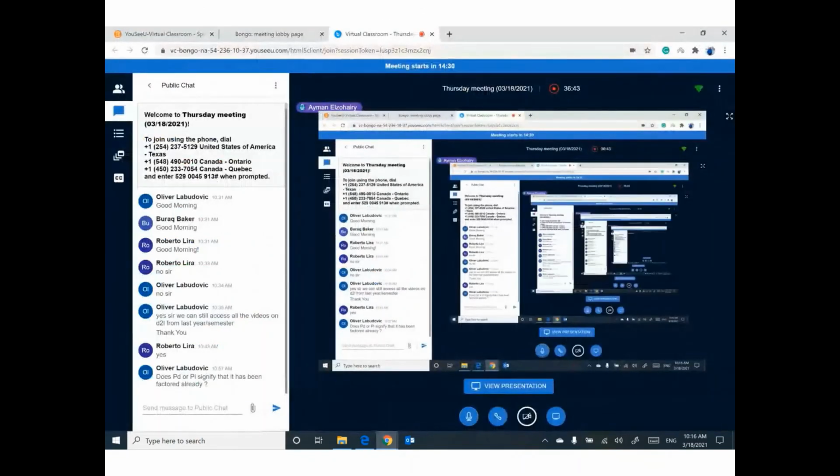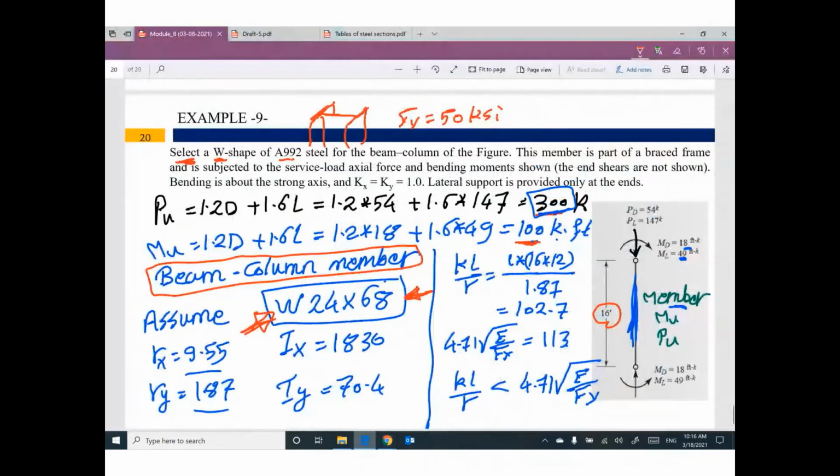So any question? Do the dead and live loads signify that they have been factored already? No. If these values are given without any comment in the problem that these loads are factored, you are assuming dead and live without factors.